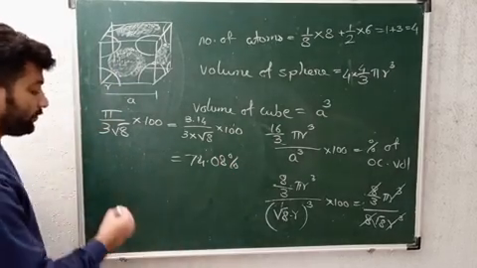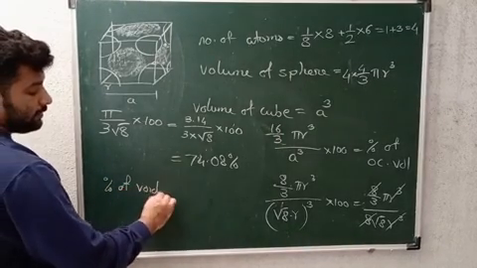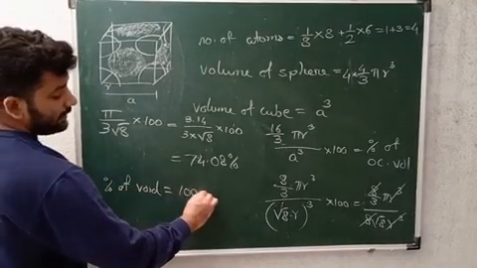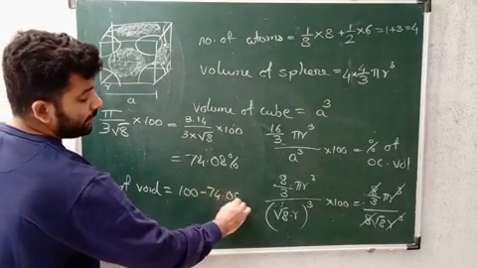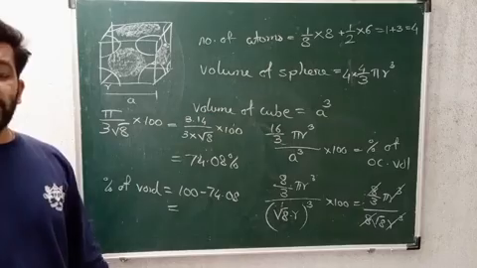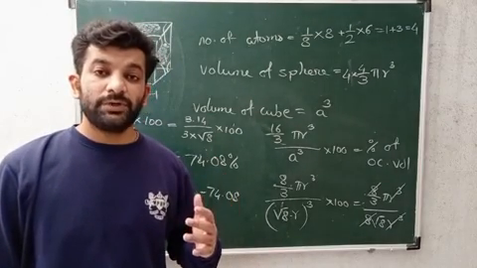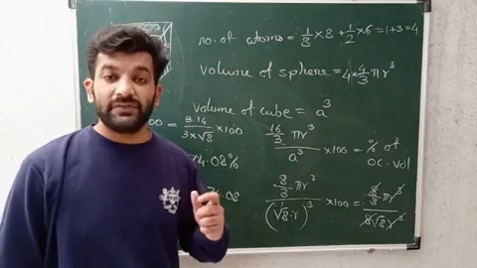And next, when we want to find the percentage of void space, we just subtract that from 100 and we get the total percentage. In this way, we can find the percentages, which are very important to identify the packing efficiency.